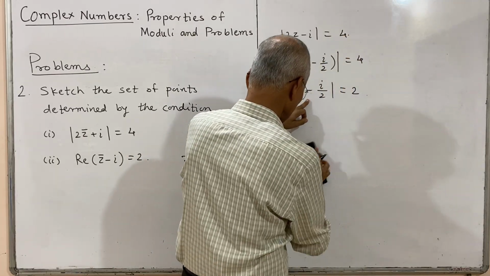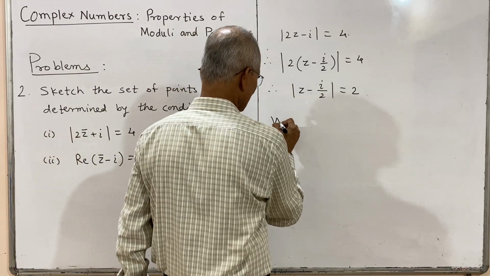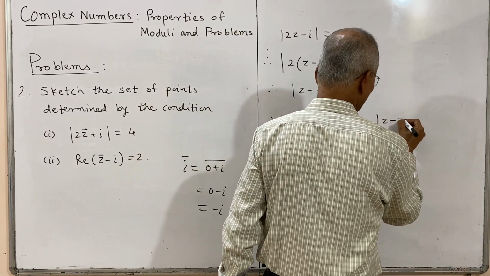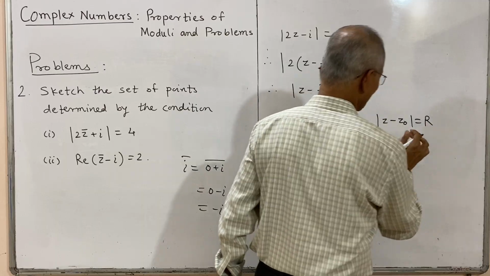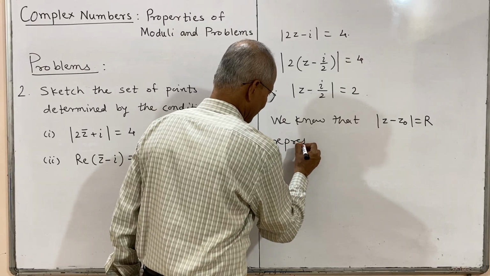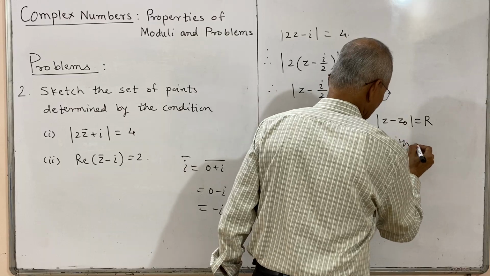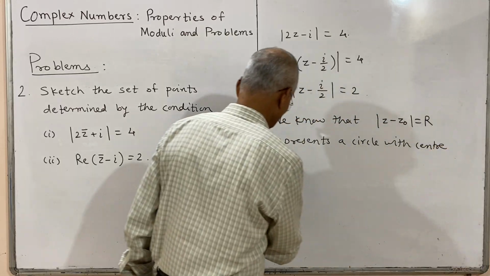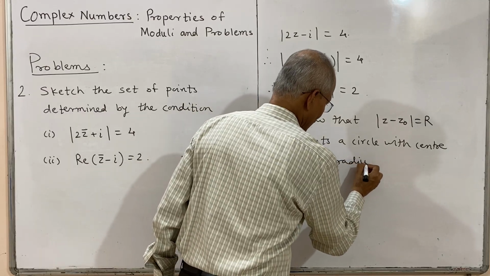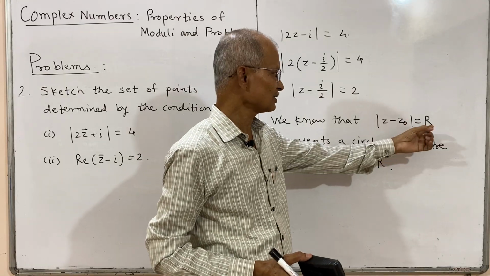And now what is the use of this? That is a standard relation we have seen earlier. We know that mod of z minus z naught is equal to r represents a circle with center at z naught and radius r, because the left side is the distance between z naught and z, and that distance is equal to r.